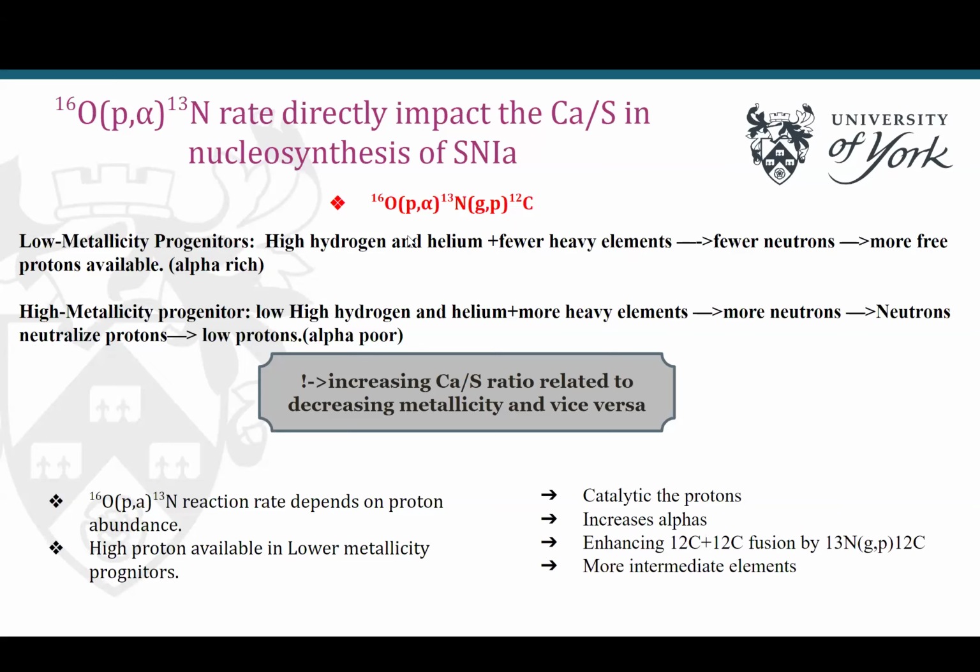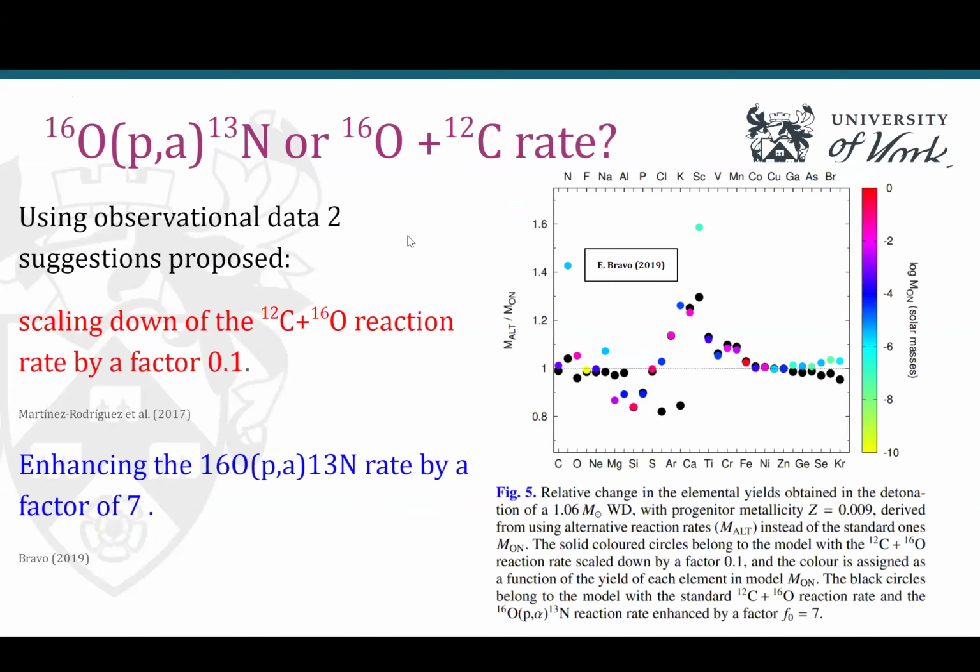So it depends on the consumption of oxygen-16, and yet the models could not reproduce the observed calcium to sulfur ratio across different metallicities when they used the standard rates of oxygen-16 proton alpha and oxygen-16 fusion with carbon.